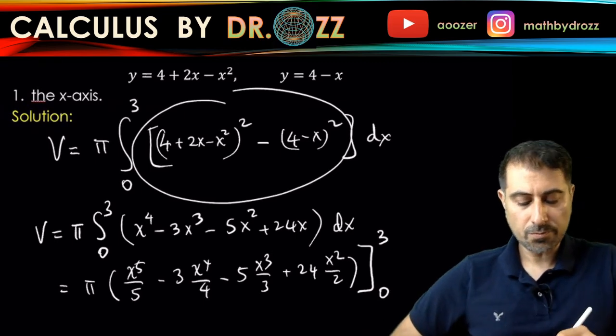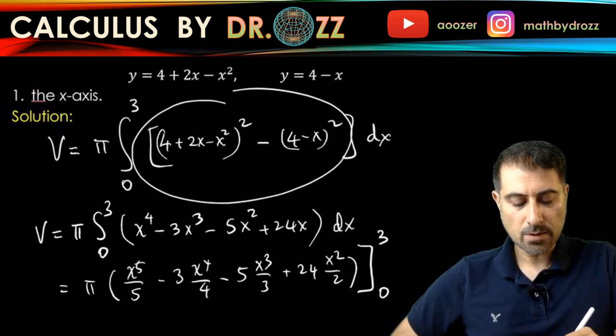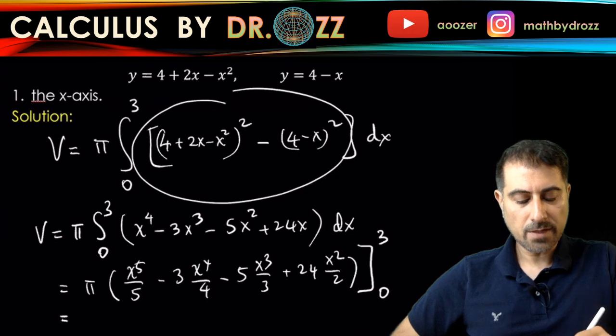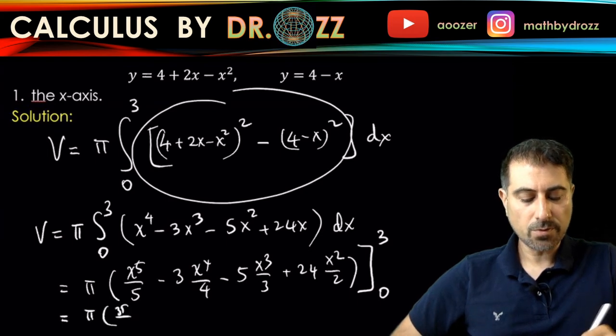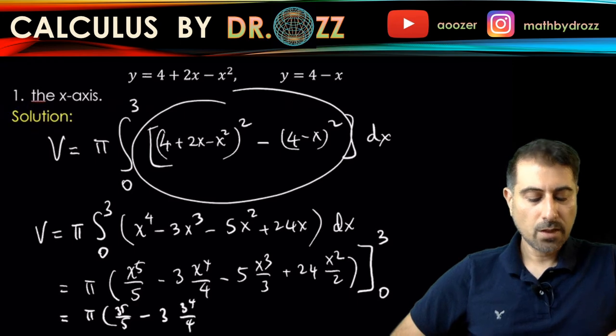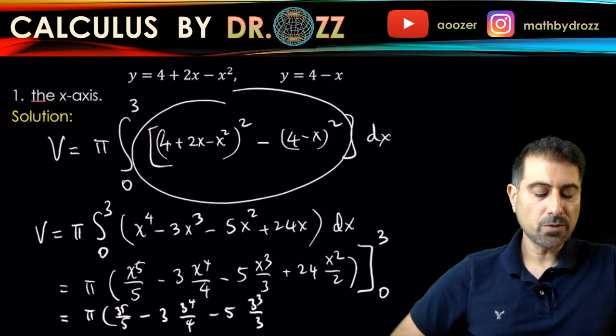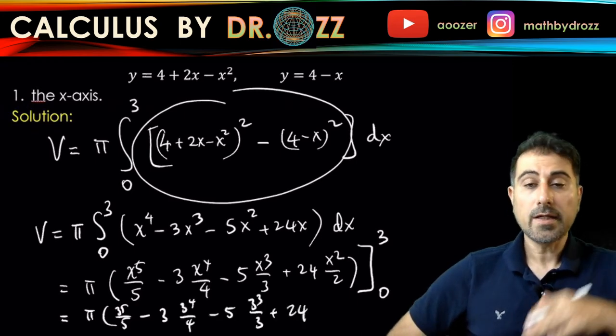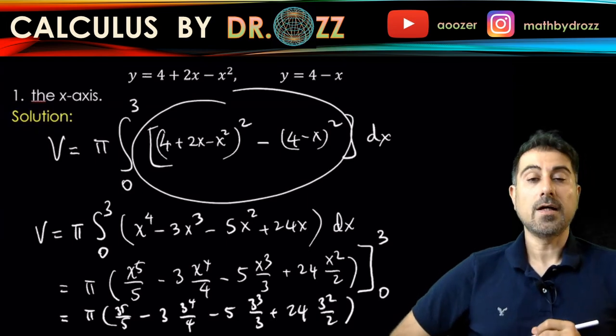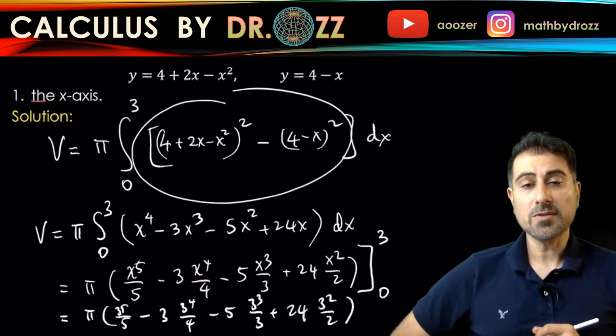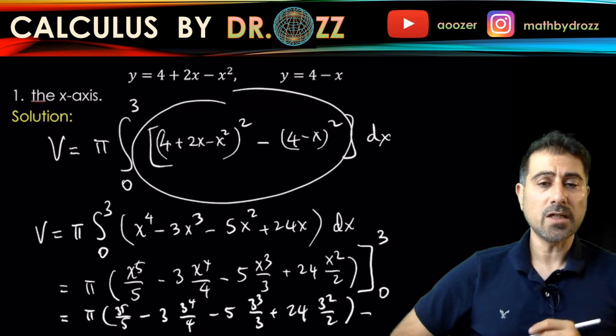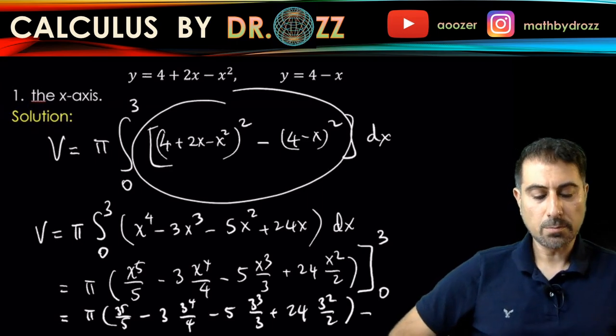So pi times 3 to the 5th divided by 5, 3 times 3 to the 4th divided by 4, 5 times 3 cubed over 3, plus 24 times 3 squared over 2. And then subtract 0 all the way. If you subtract 0, as you see, all x terms are gone, so it's going to be a complete 0 here.